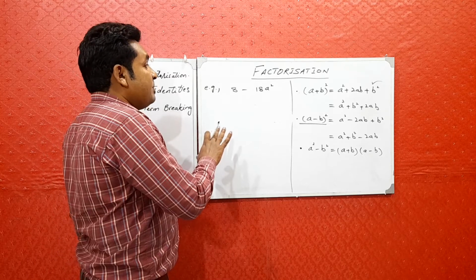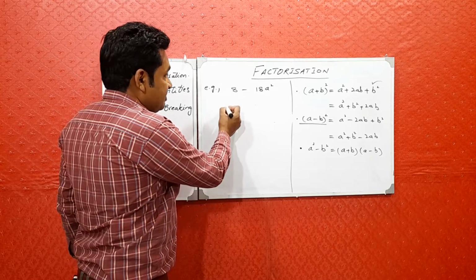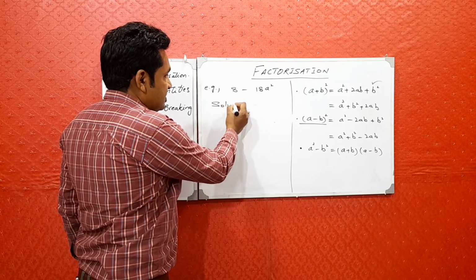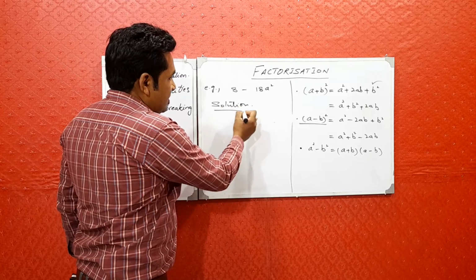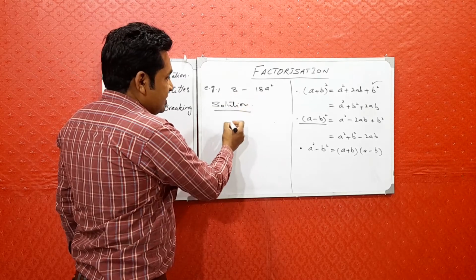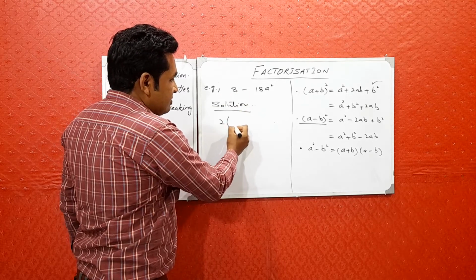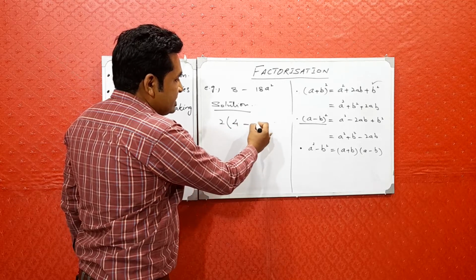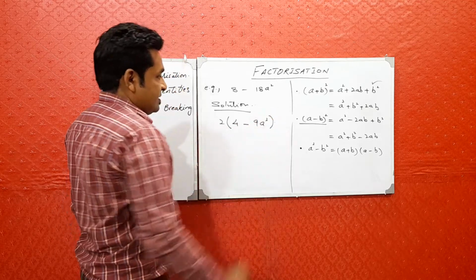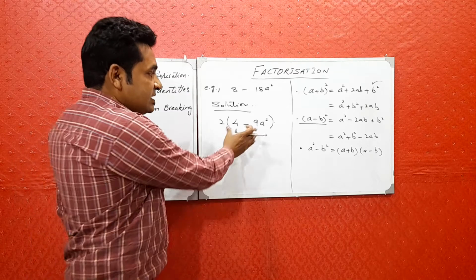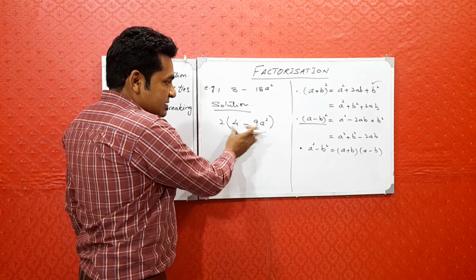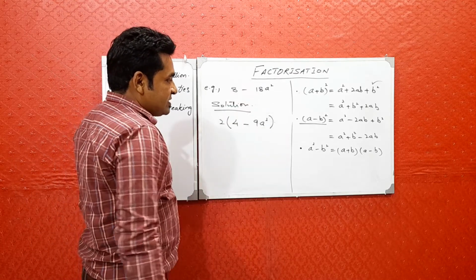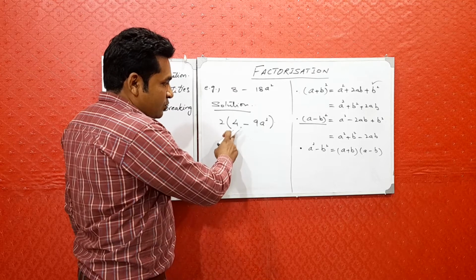When you take 2 common, because 2 fours are 8 and 2 nines are 18, it will turn to 4 minus 9a squared. Now you can see that it is exactly the same as the previous example.